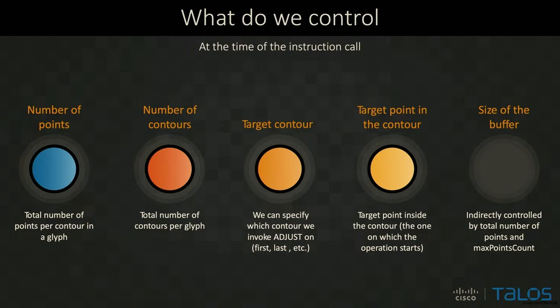We control the target point inside of the contour, so we can precisely control where the manipulation starts, and we basically control the size of the buffer that's allocated for all of these points, because it's based on the max points count, which is specified in a header table somewhere, and some other stuff. So we have all of this to control the execution of the function.